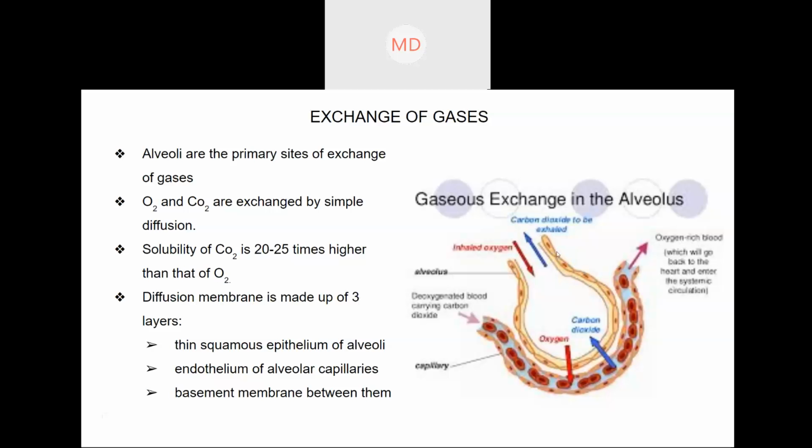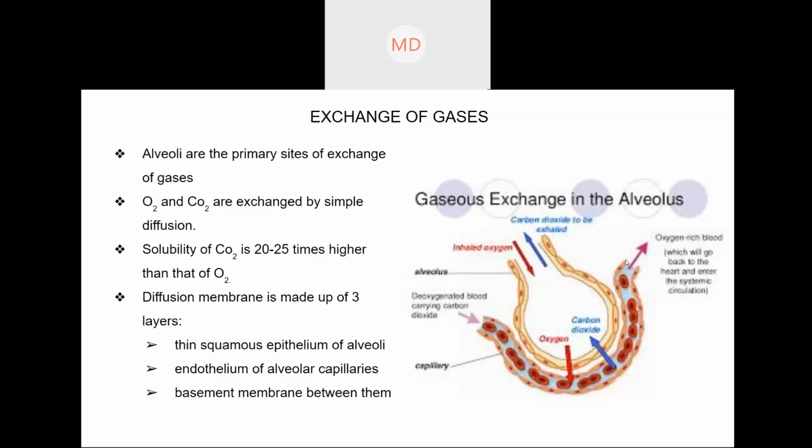One layer is this one, the squamous epithelium of alveoli. This is the outer layer of the alveoli. This is the alveoli, internal, and this layer is known as the squamous epithelium of alveoli. This also serves as the diffusion membrane. This is a part of the diffusion membrane.